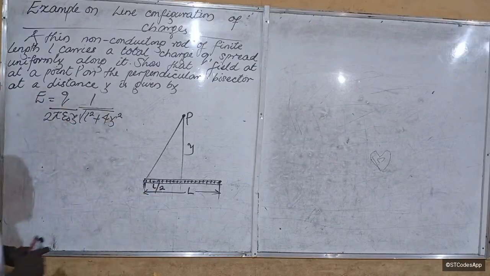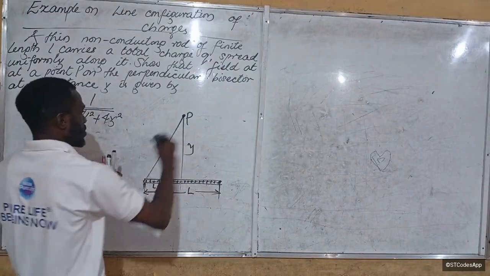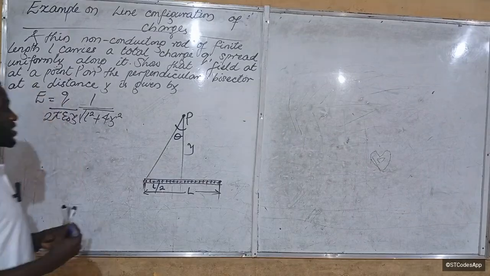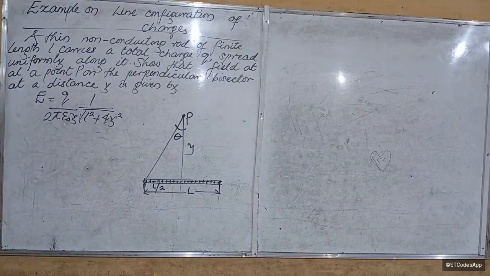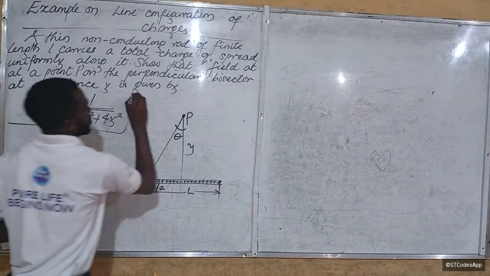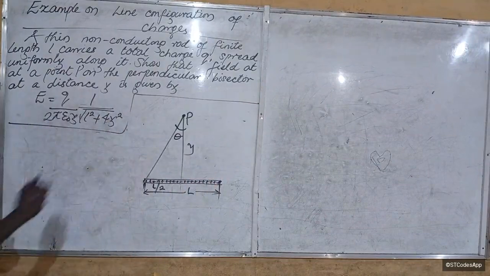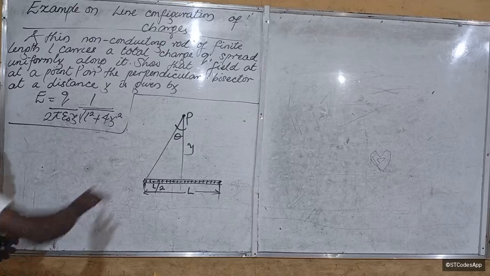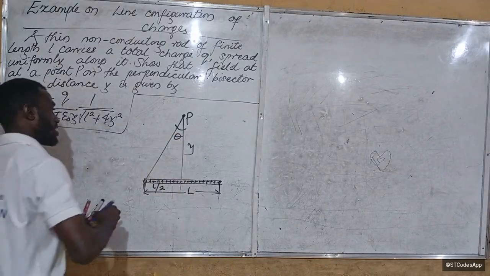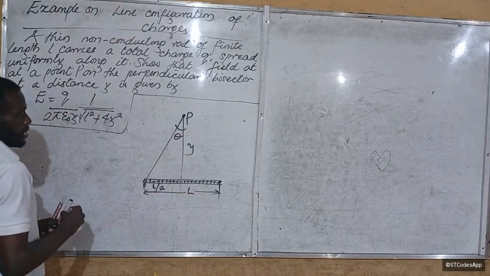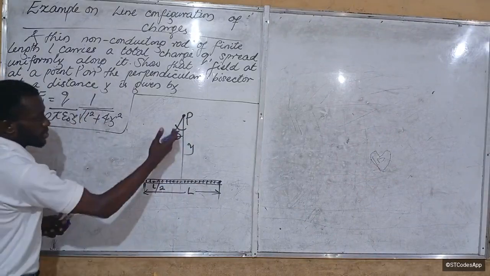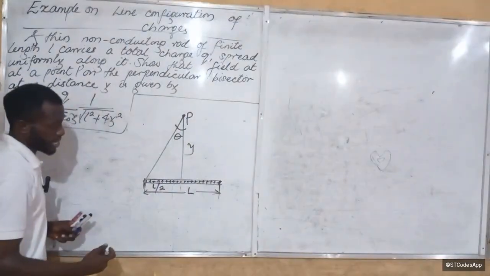If that be the case, this will be our angle theta. Now we know this. So what will this side be? Let's call it R. We can get this side as our hypotenuse, that is right.